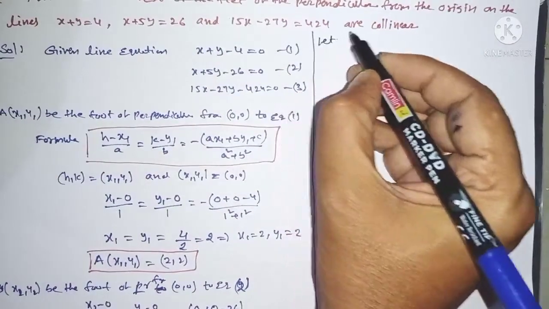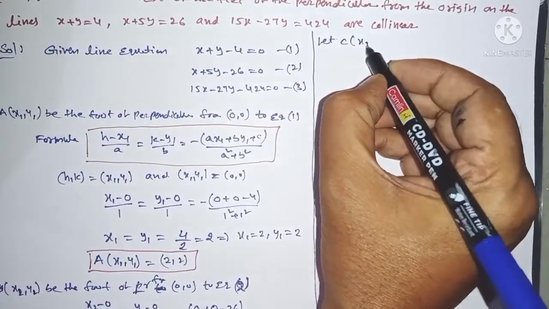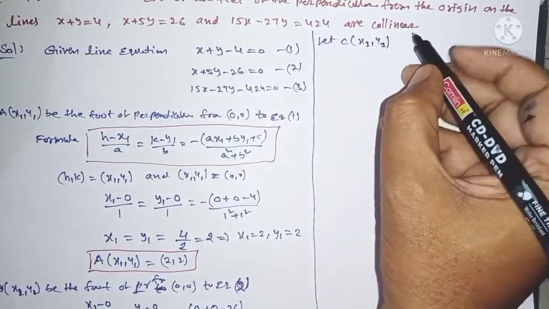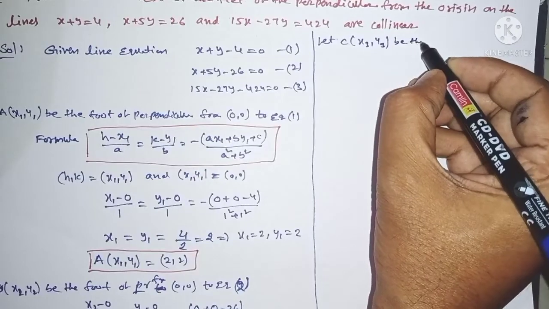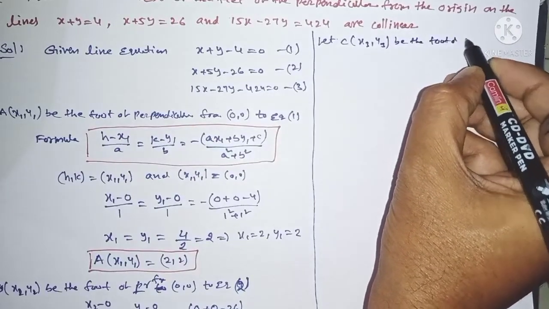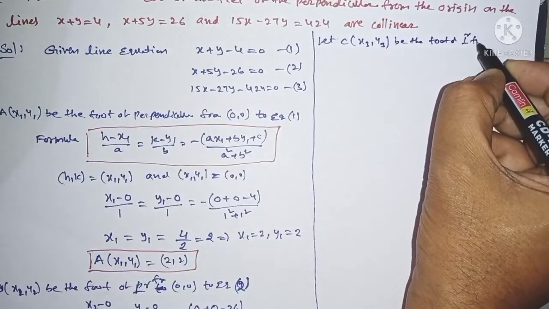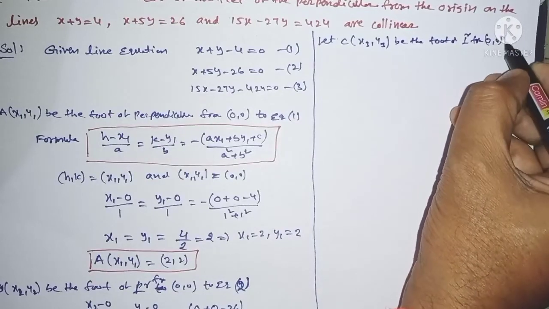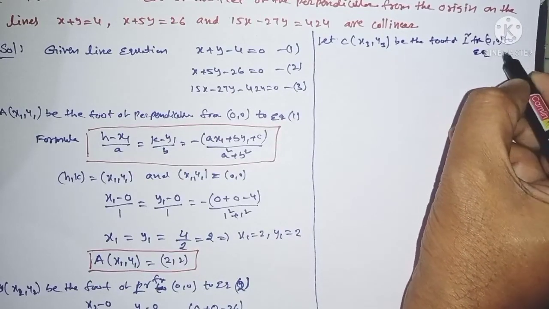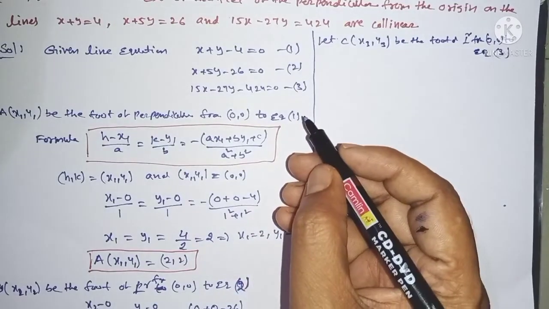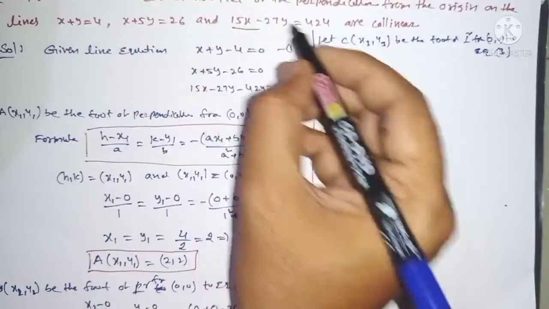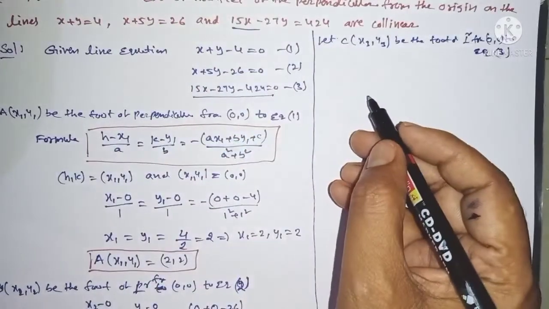Let C, x3 comma y3, be the foot of the perpendicular from 0, 0 to equation 3. What is the third equation? You can take this as the third equation.